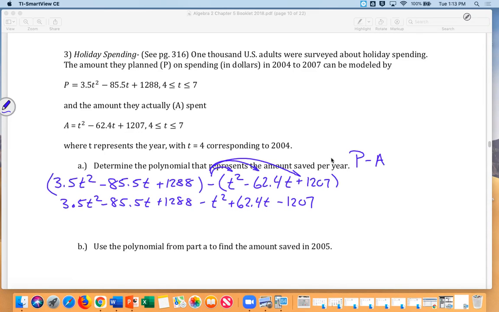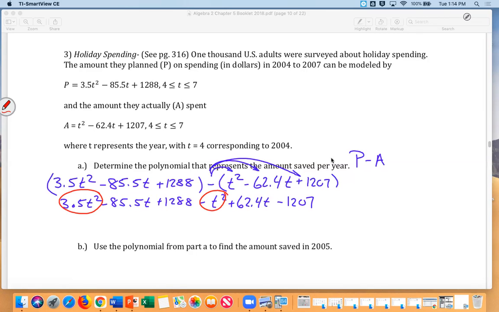And I'll give you a second. All right, so now I'm going to group together my T squareds.